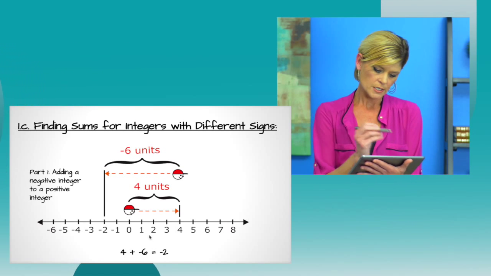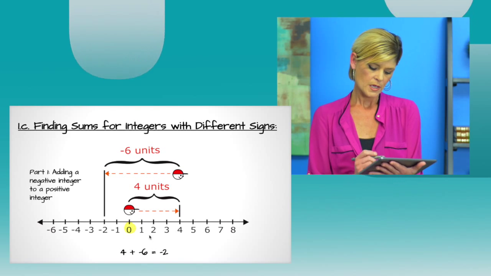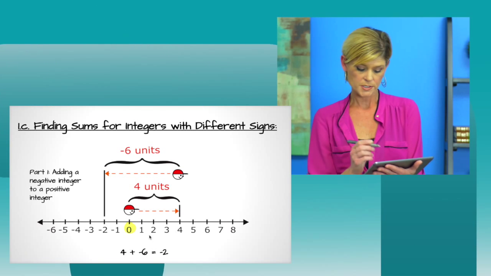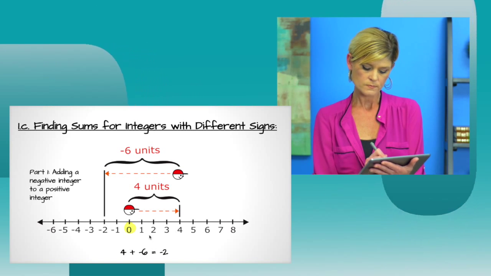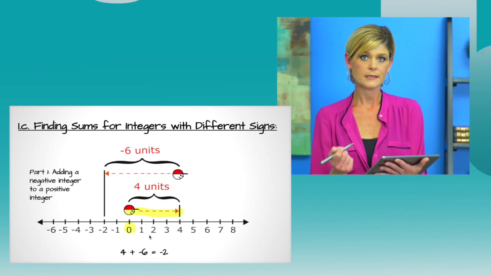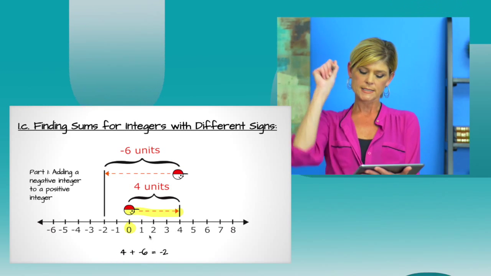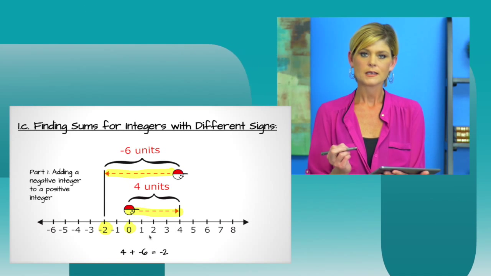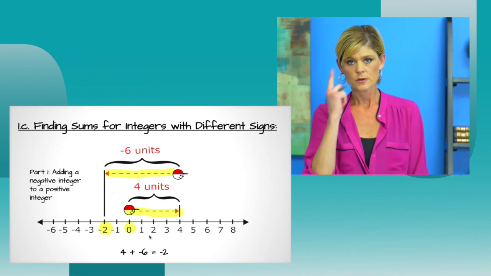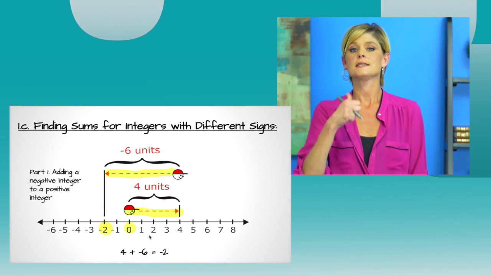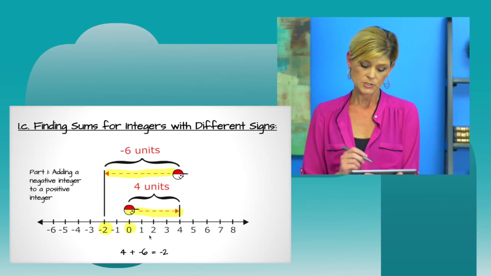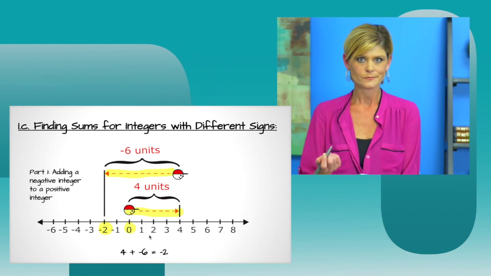He is starting on 0, and this problem tells us we're going to send him forward 4 steps, or positive 4, plus negative 6. And now he's going to go back 6 steps. Where does he end up? He ends up at negative 2. So positive 4 plus a negative 6, or forward 4 and backward 6, will lead our little guy to negative 2.